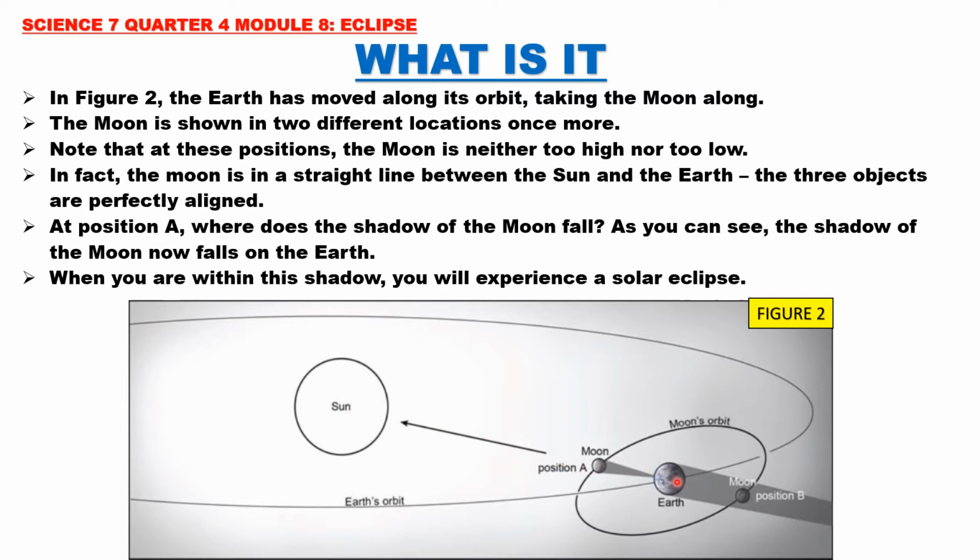The three objects are perfectly aligned. At position A, where does the shadow of the moon fall? As you can see, the shadow of the moon now falls on Earth. When you are within the shadow, you will experience a solar eclipse.